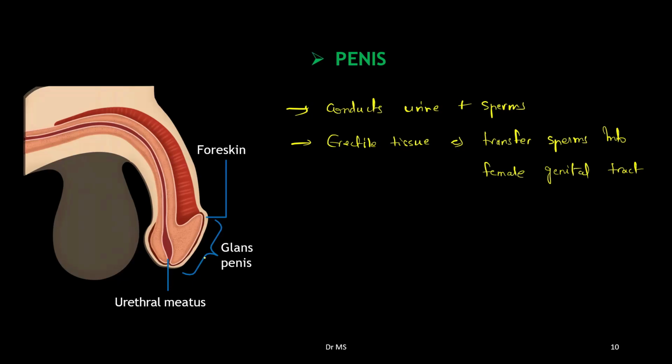Remember, the opening at the tip of the penis is called the urethral meatus. And at the tip region, the enlarged area is called the glans penis, the enlarged portion of the penis.